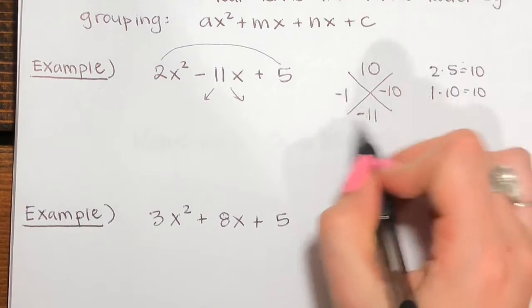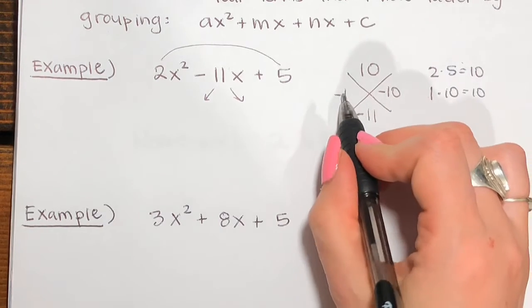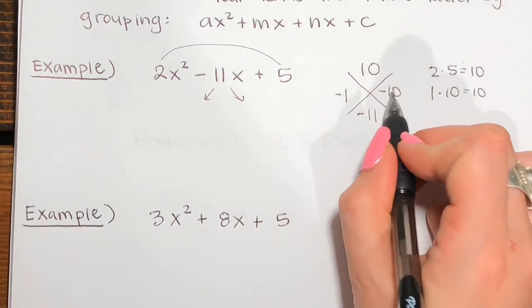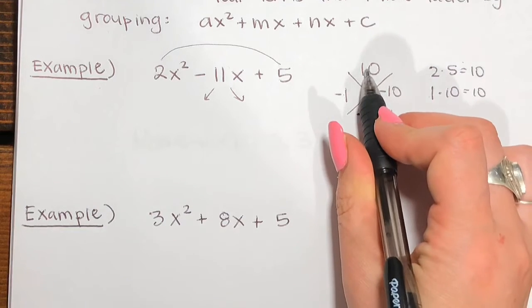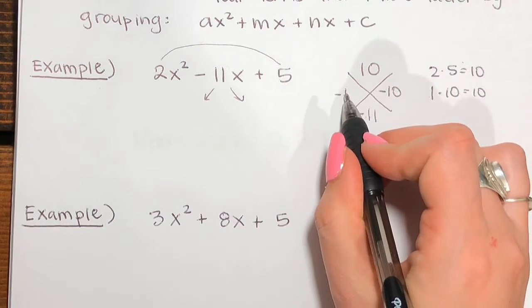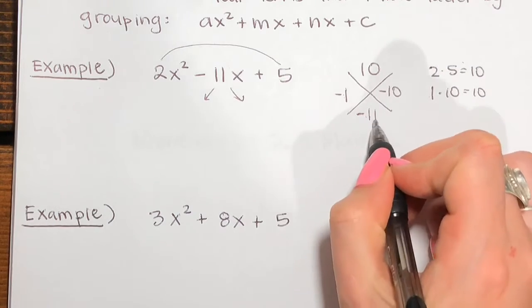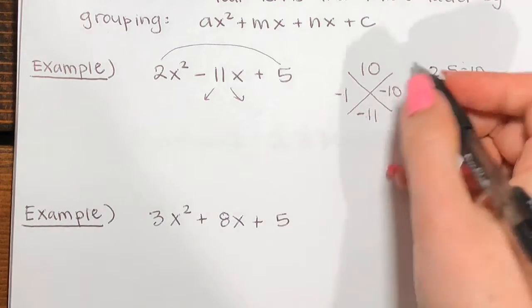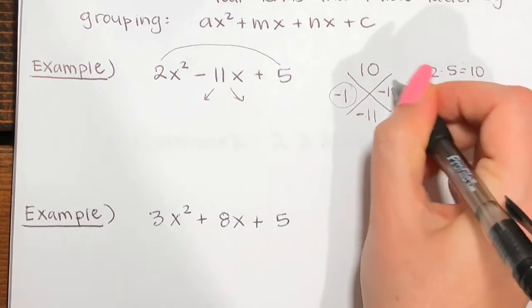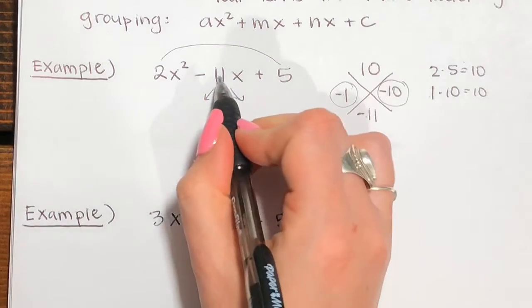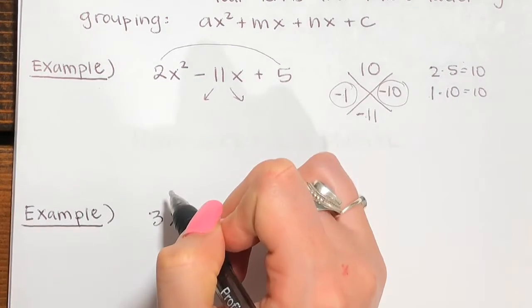So the reason I like to write it this way is because then I can check really quick. Negative 1 times negative 10 is equal to positive 10. But negative 1 plus negative 10 is negative 11. So we have the right combination here. So these 2 numbers that we just found are what we're going to use to rewrite that middle section.